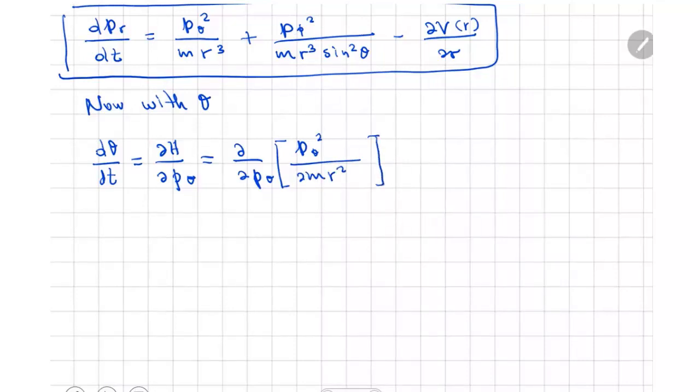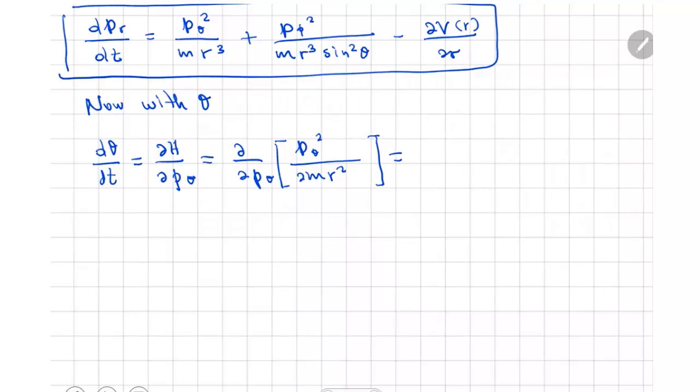I don't write down the other terms of the Hamiltonian because their derivatives are 0, so that way we save time.